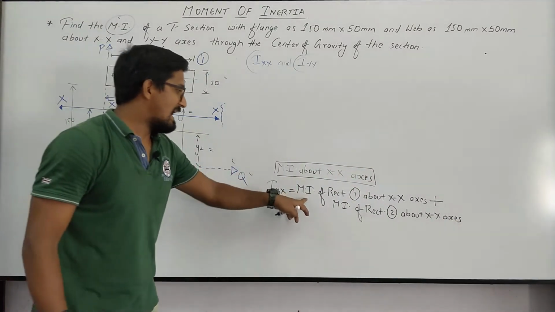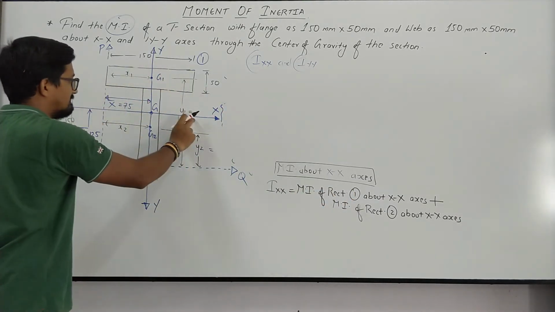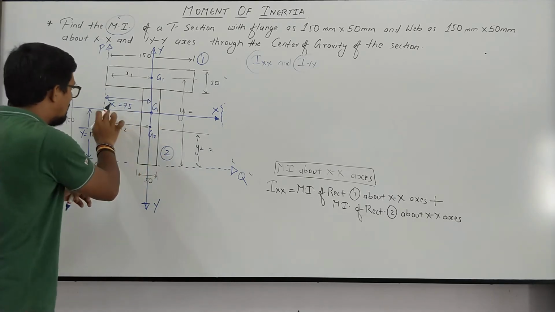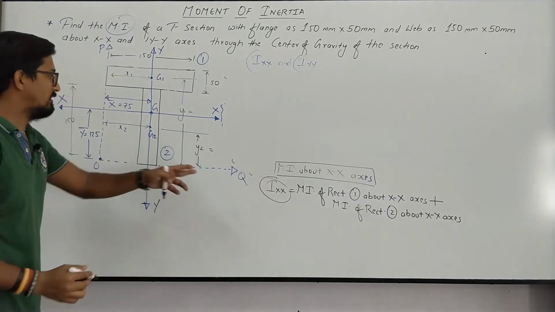So the addition of moment of inertia of rectangle 1 about x axis and the moment of inertia of rectangle 2 about x axis will give us our moment of inertia about x axis.